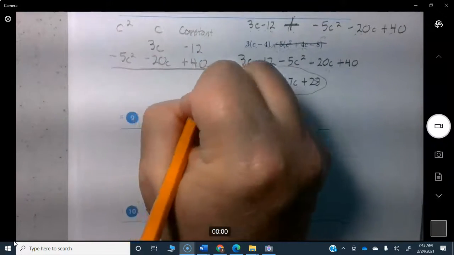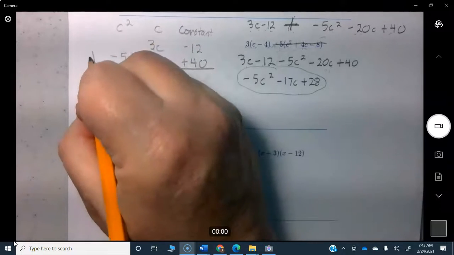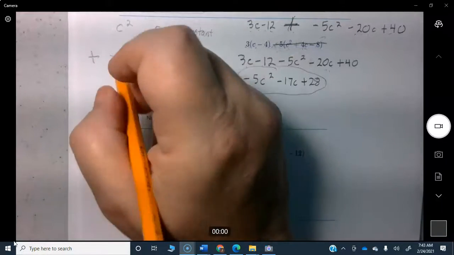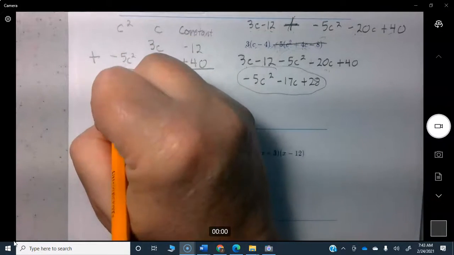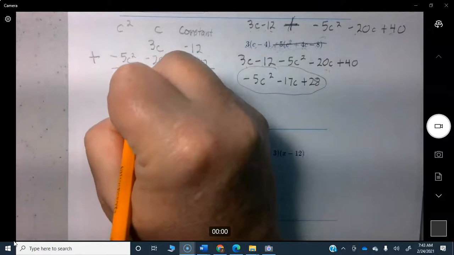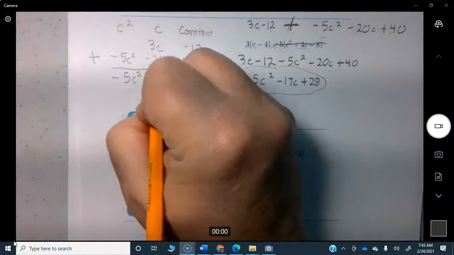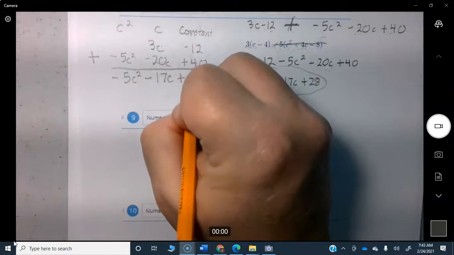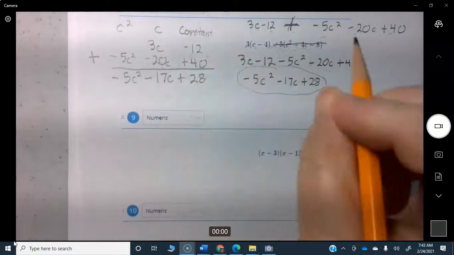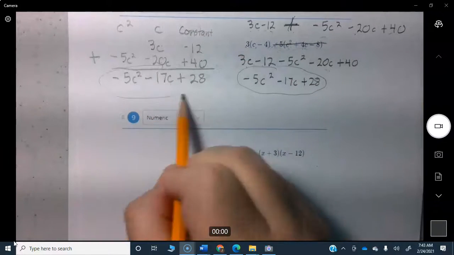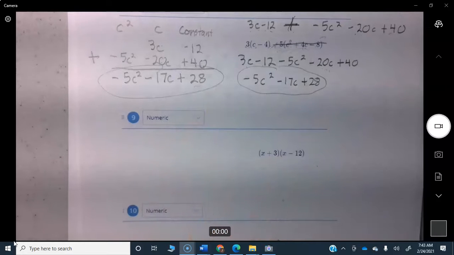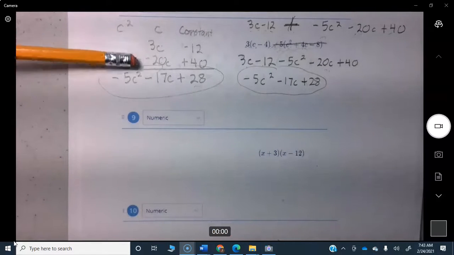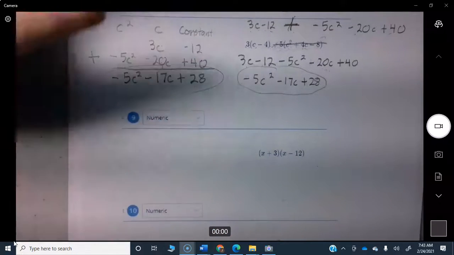So 0 plus negative 5c squared is negative 5c squared. 3 minus 20 is minus 17c. And negative 12 plus 40 is plus 28. So either way you do it, you get the same answer. I just wanted to show it to you the way that I did the previous two.